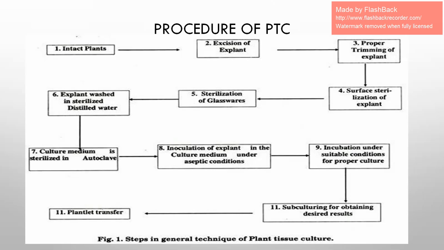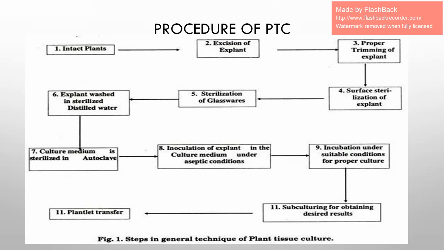For example, for shoot growth, we require cytokinin in higher concentration and auxin in lower concentration. And for root regeneration, we require auxin in maximum concentration and cytokinin in lower concentration.